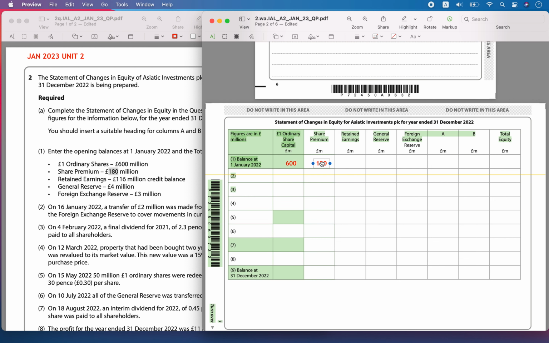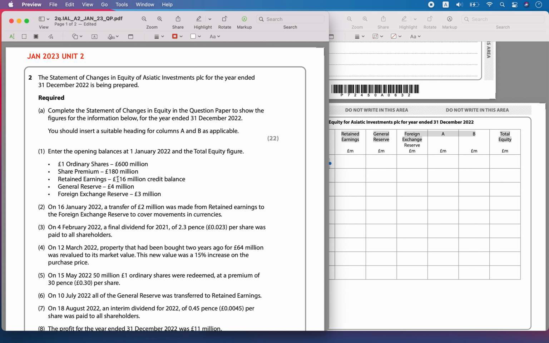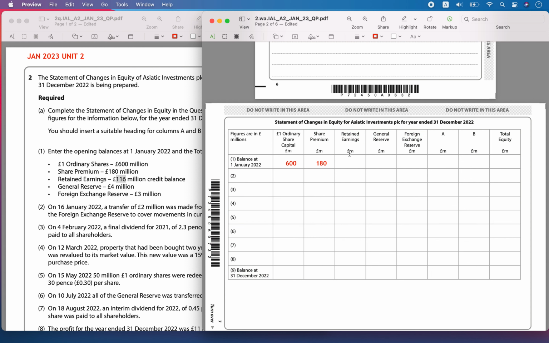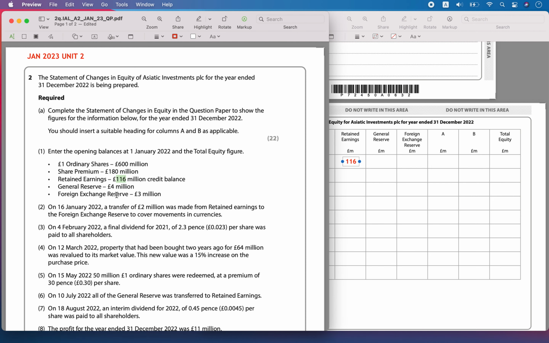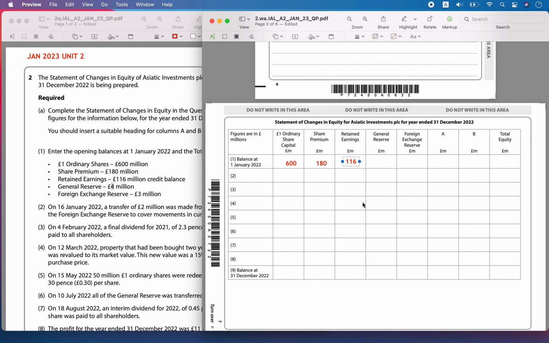You will have to write all the balances just like that for the first statement given. Then retained earnings is 160 million, a credit balance. Then general reserves, 4 million.